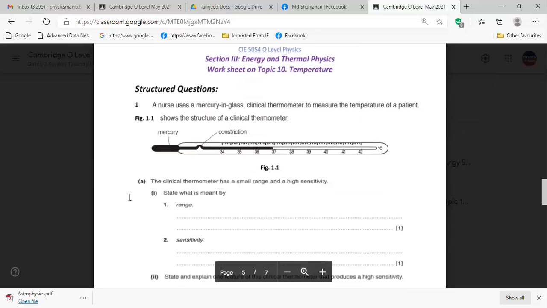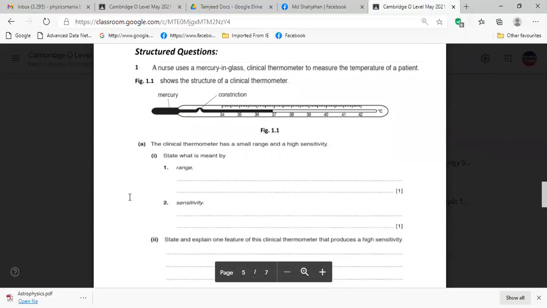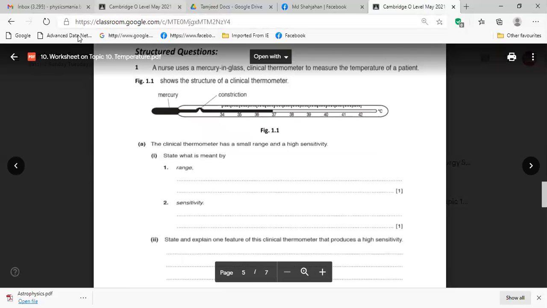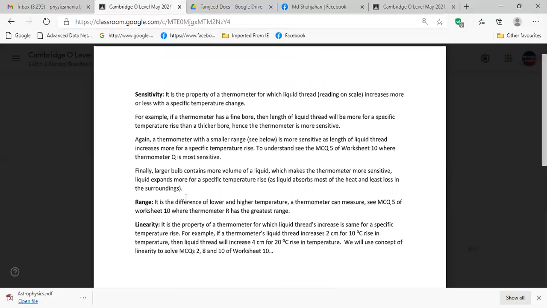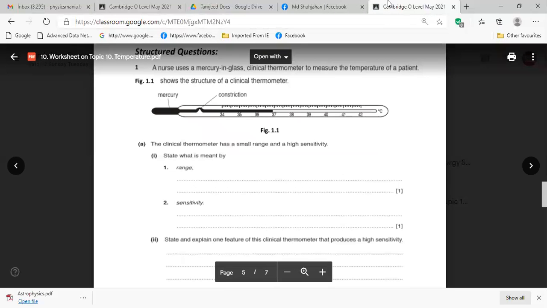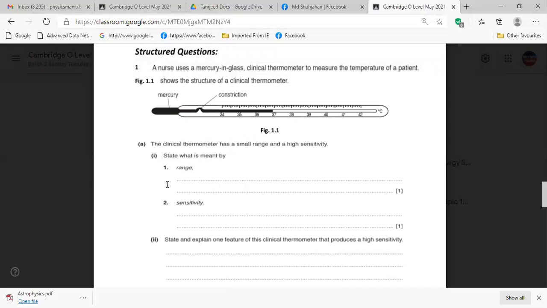Now the structured part. What is range? What is sensitivity? That definition I gave you, right? Here, the sensitivity and range definition I gave you. So you wrote it, or should I give it on WhatsApp or email? Yes, you can give it.